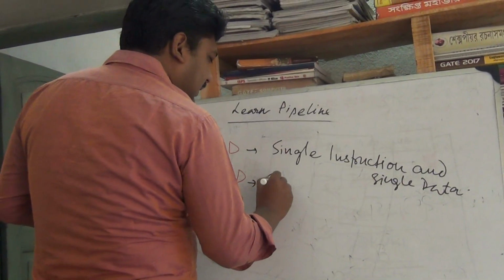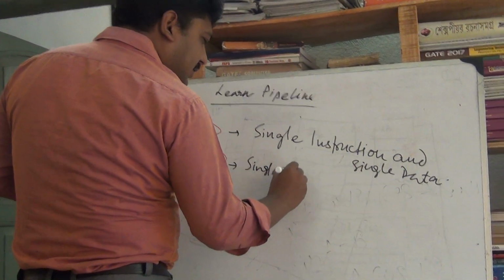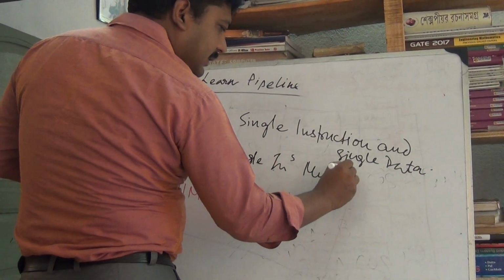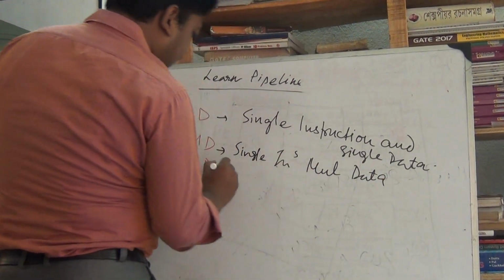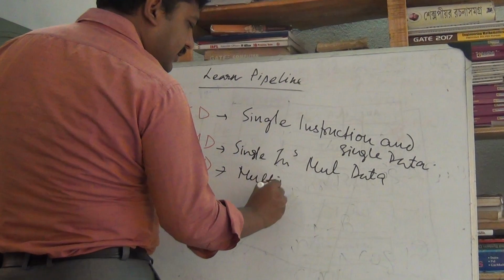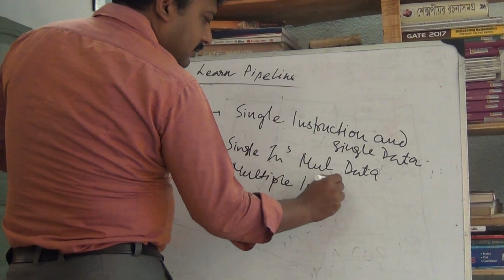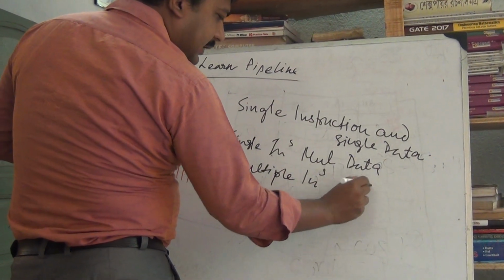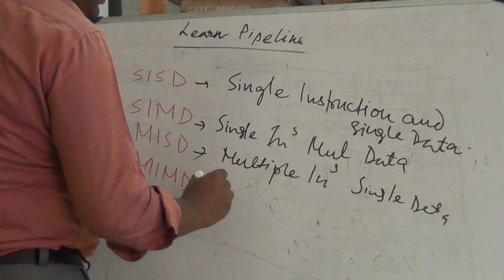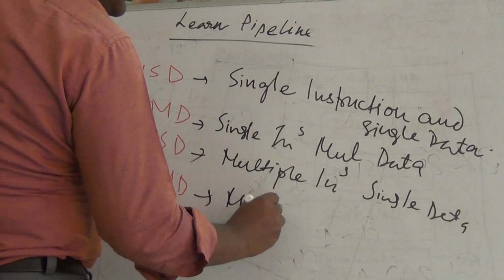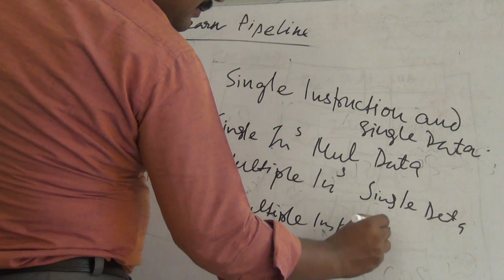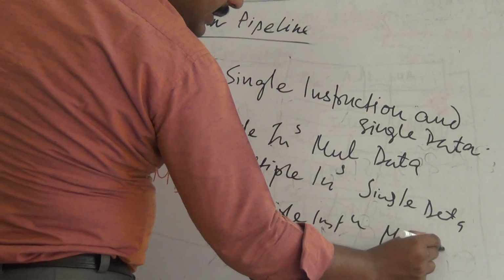SIMD, single instruction, multiple data. MISD, multiple instruction and single data. And MIMD, multiple instruction and multiple data.